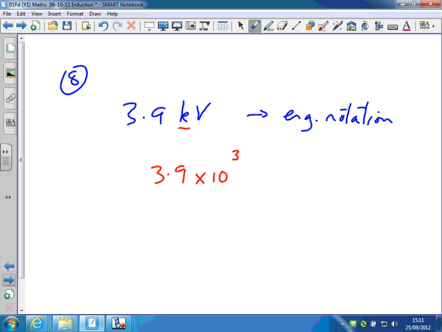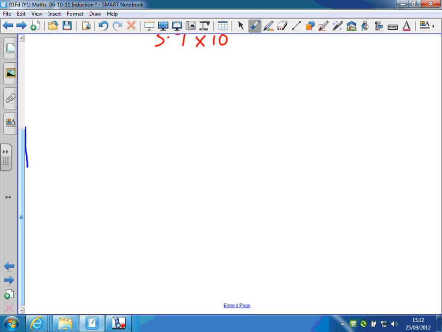Because kilo is 1,000 or 10 to the 3. We have these prefixes. In the textbook or on your sheet, you can have a look. We've got the prefixes that go with it. The most common prefixes, it might be worth just jotting these down if you're not aware of them, but I'm sure some of you are.